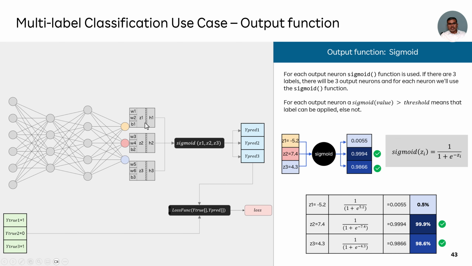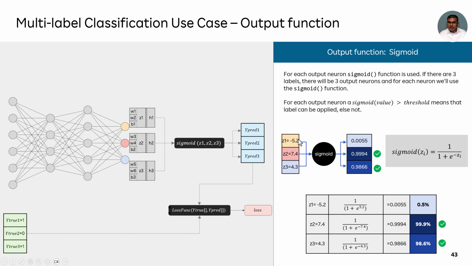Okay. So let's assume that each of these output neuron logits are, for Z1 negative 5.2, Z2 positive 7.4, and Z3 is 4.3. So you essentially apply a sigmoid to each of these inputs and you create an array with that.